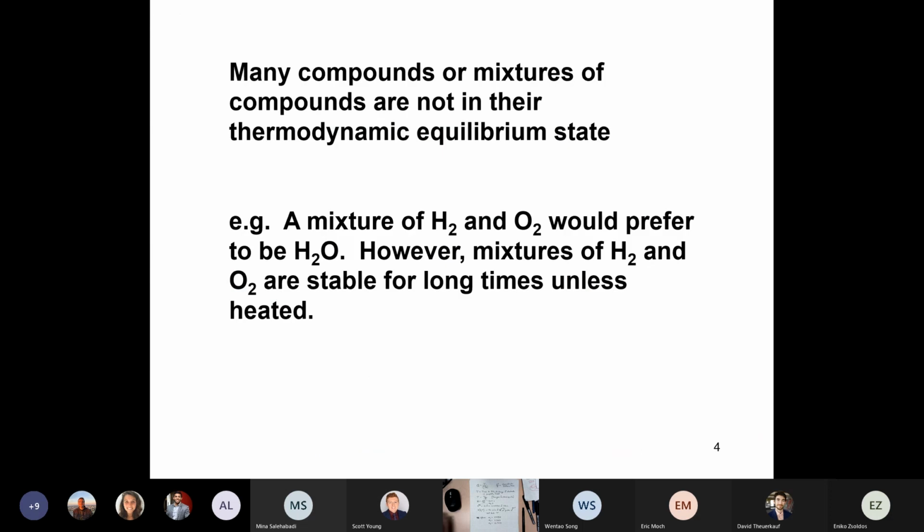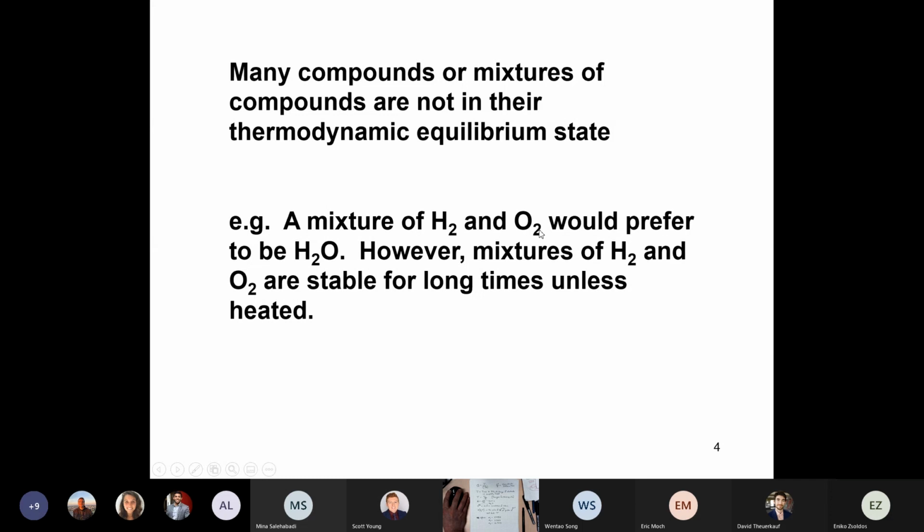Okay, all right, so we're going to start off this discussion by considering the fact that many compounds or mixtures of compounds are not in their thermodynamic equilibrium state. So what's in a lithium-ion cell is not in its thermodynamic equilibrium state. As an example, you could take a mixture of hydrogen and oxygen.